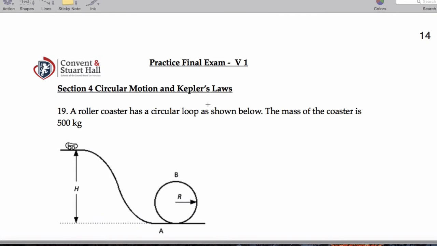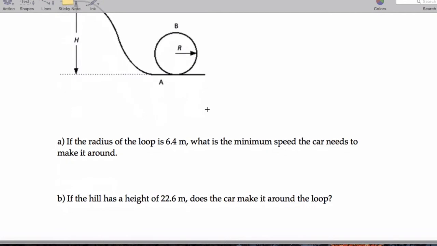So what I'm going to do first, before I even attempt the problem, is outline a couple things. When we talk about the minimum speed the car needs to make it around a loop, I'm just going to straight up say this right here: don't use energy.